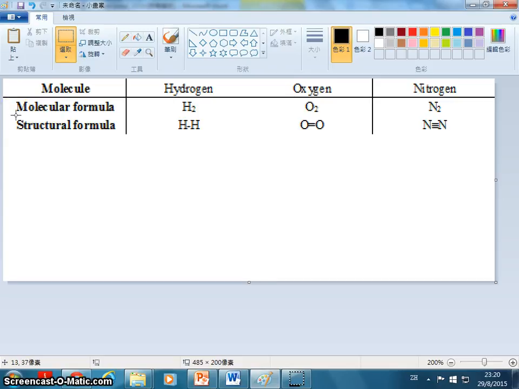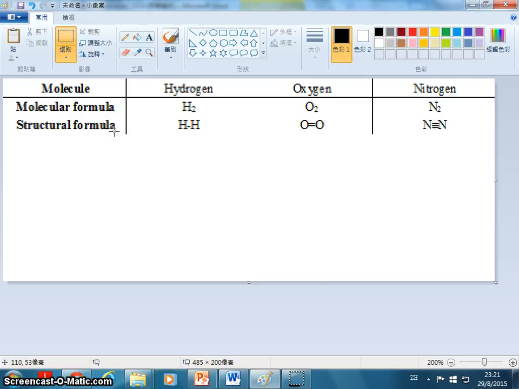To know about the structural formula of a covalent substance, you must know the electron diagram of that substance, so that you know whether a single bond, double bond, or triple bond is formed. So usually the order of figuring out the structural formula is: first, you find the molecular formula, and then you draw the electron diagram, and then you find the structural formula.